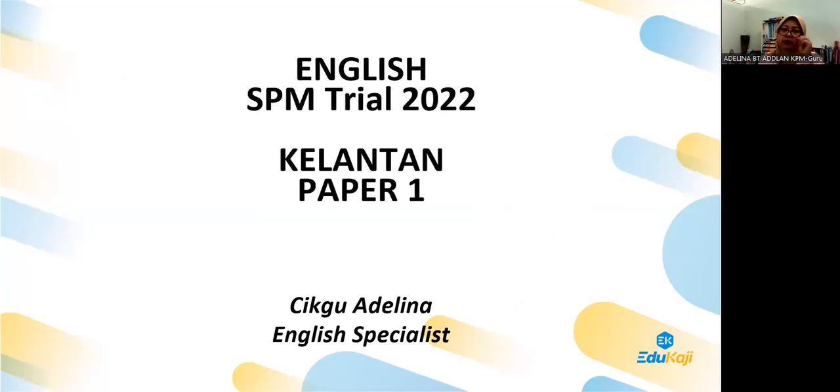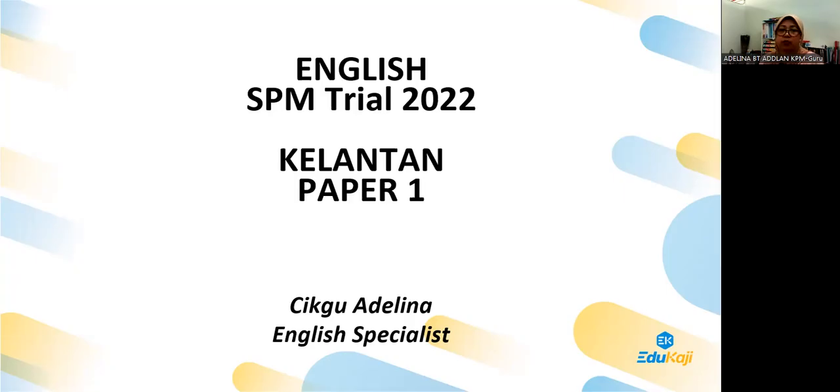It's a written paper, so this is a hybrid paper, meaning students can write, and at the same time they have to answer multiple choice questions given in the question paper. For paper one, you have 40 questions, which is equivalent to 40 marks.